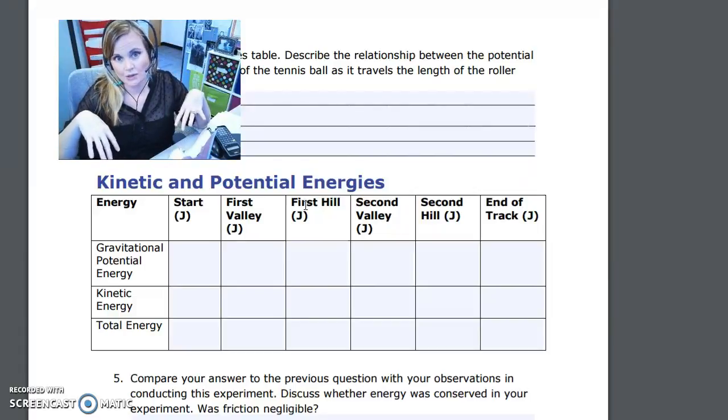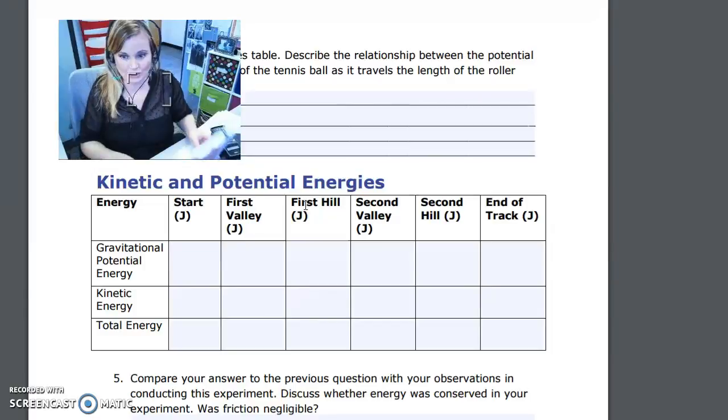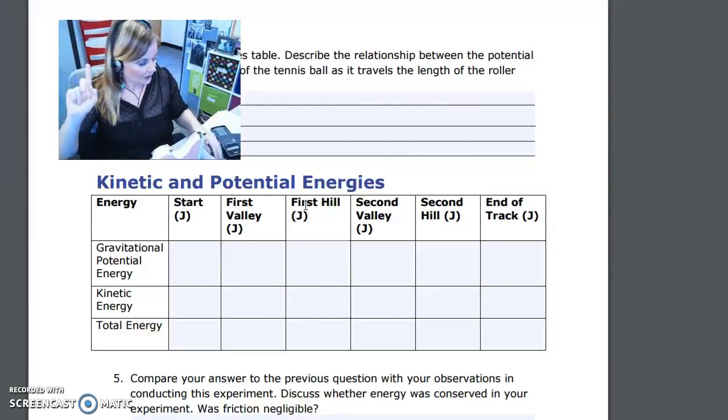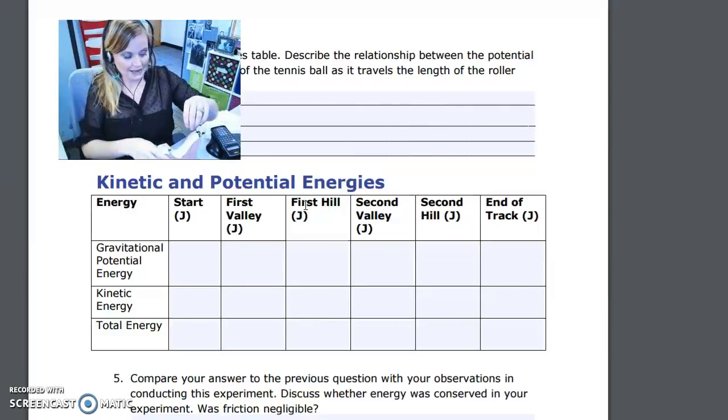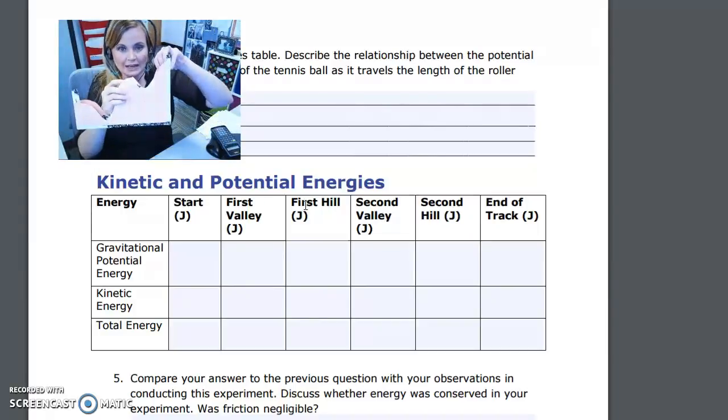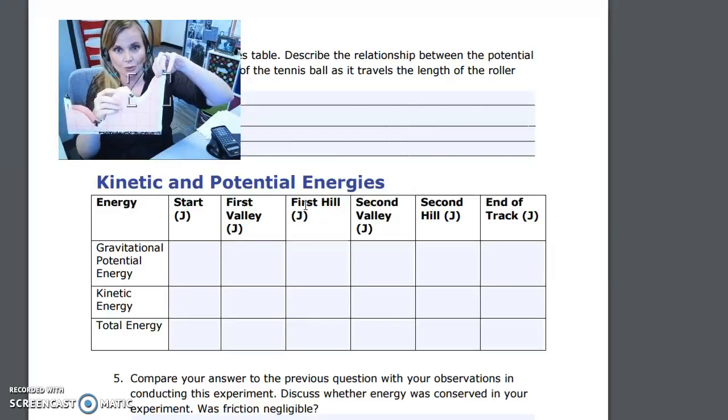So when we're doing our calculations, we're going to base it on a frictionless track, not one that has friction, okay? So the very first point at the top of your first hill is going to indicate how much total energy there is. This is going to be the highest height. So you cannot have any more total potential energy than that which is stored at the top of the highest height, okay?